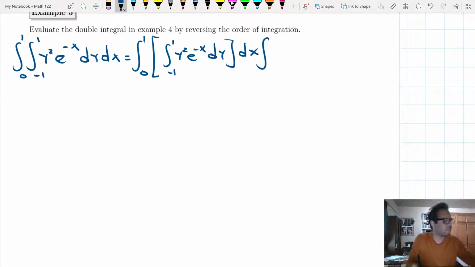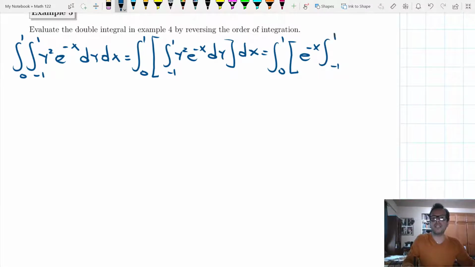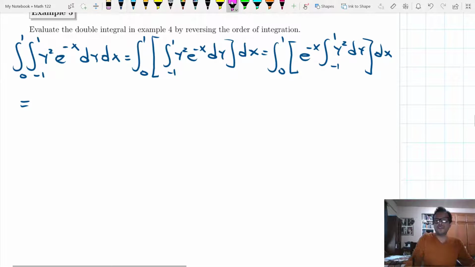So this will be the same as saying the integral from 0 to 1, all right? And I'm going to write down the e to the negative x outside of the integral sign, go from negative 1 to 1 and integrate y squared dy. That with respect to x. All right. Then we're going to integrate the function y squared.